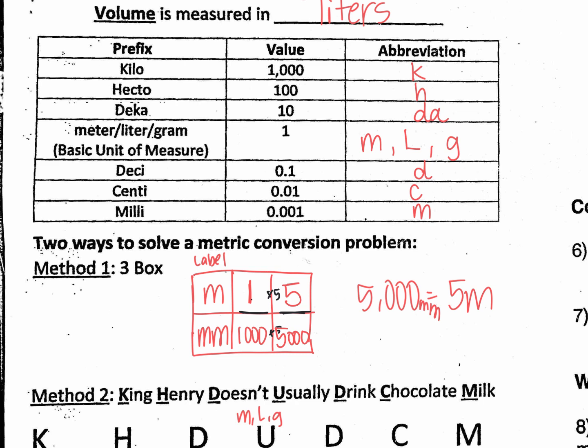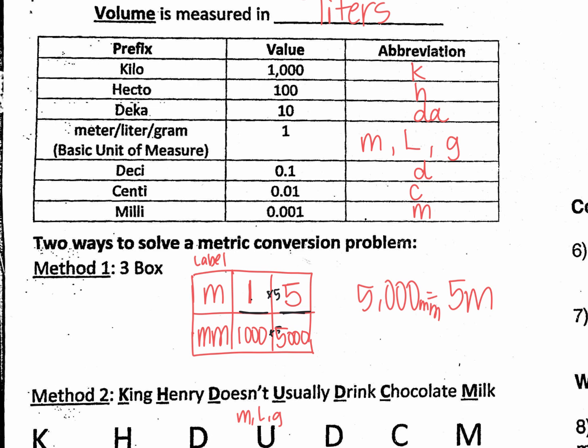So here's where my decimal is, and I plug in zeros. So my answer becomes 0.012. I can drop the zeros at the end, but you can leave them if you want to. So 1,200 centimeters is equal to 12 thousandths of a kilometer.